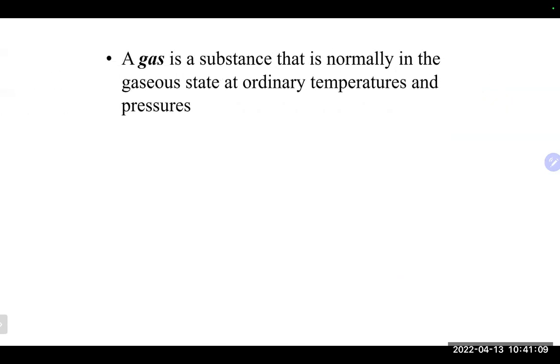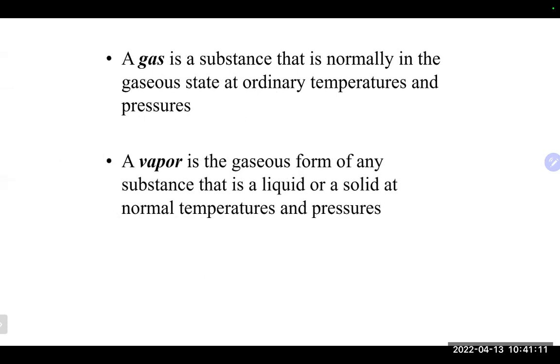So when we talk about gases, there really is a difference between two words that are sometimes used interchangeably, and that is a gas and a vapor. A gas is a substance that normally would be found in the gas phase under normal conditions. A vapor is something that is normally not found in the gas phase, but has been converted into a gas.